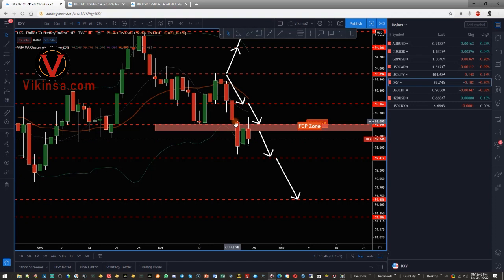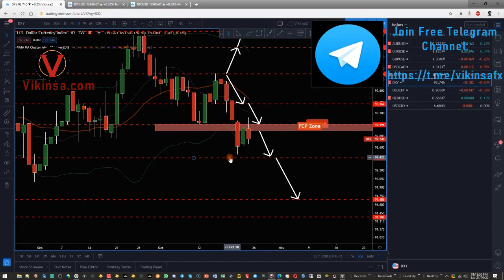And if that was broken as well, then we were looking for the market to come to 92.412, which it has not reached yet. Because now this FCP zone has started to act as a barrier, or you can call that a resistance as well, it is falling down, and it can come back down into 92.412, somewhere around here. It may be a little bit off, but this is what we are looking at.